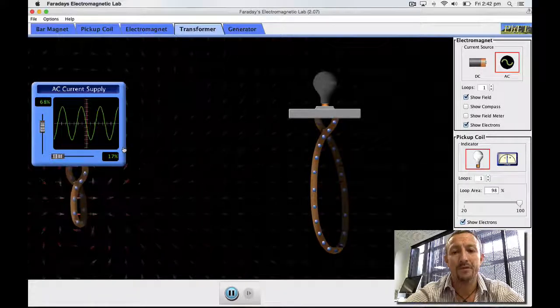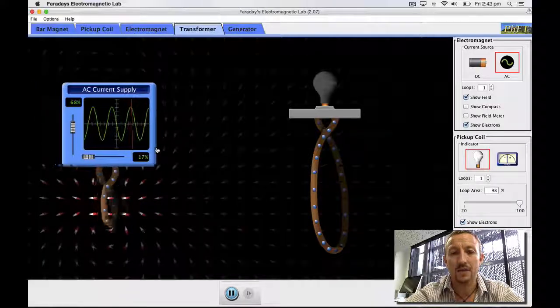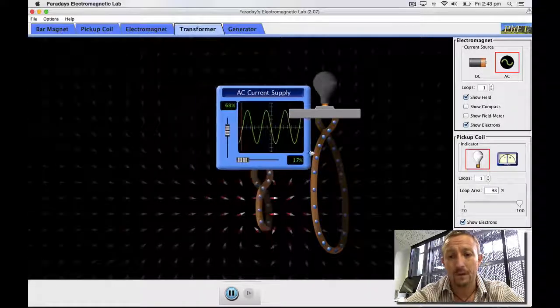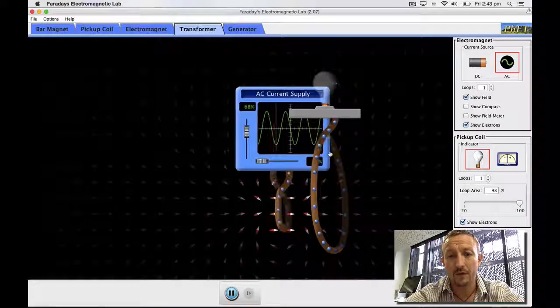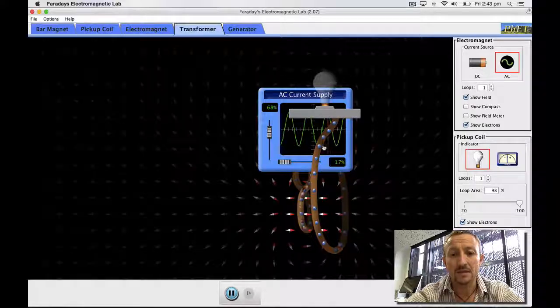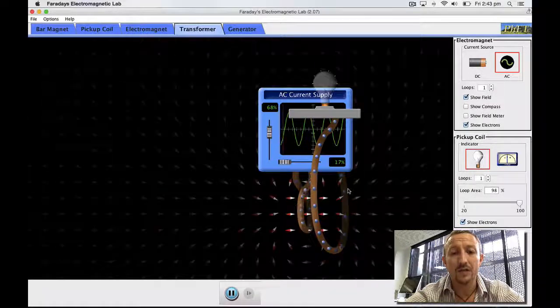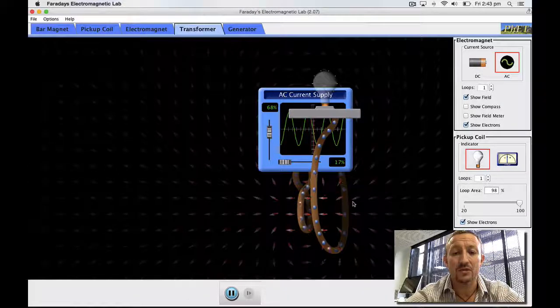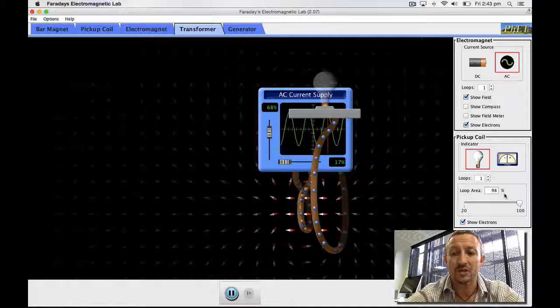But look what happens when I start moving it closer to the first coil. And I can move it right over that first coil. And what I suddenly see is that my electrons in my secondary coil are also moving. And you will notice that that is due to the change in flux which is generated.